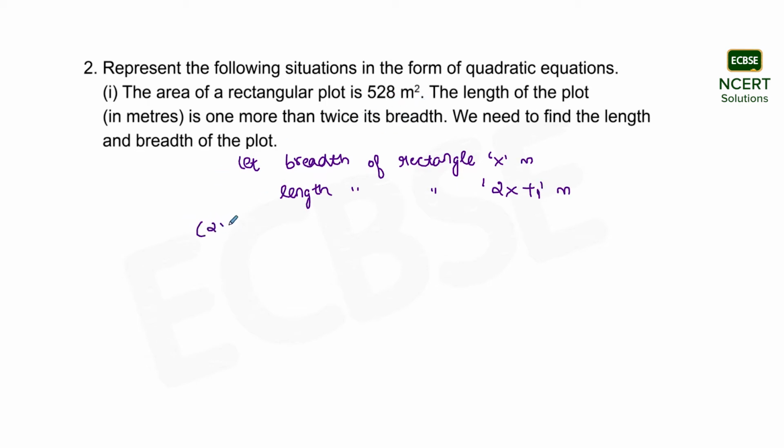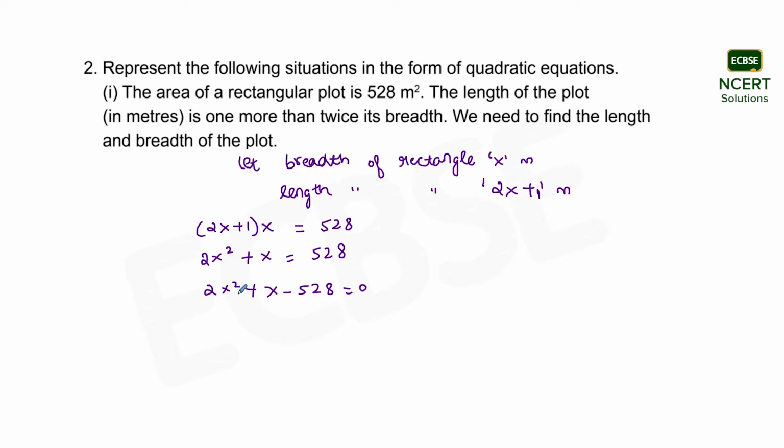So here it will be 2x plus 1 into x equals 528. Right. So here I'll be getting 2x square plus x equals 528. Now taking the right hand side term to the left hand side, I'll be getting 2x square plus x minus 528 equals 0. This means I have represented this problem in the form of a quadratic equation.